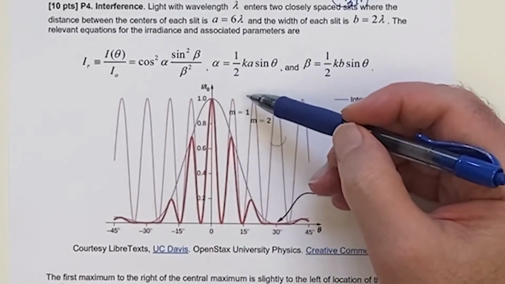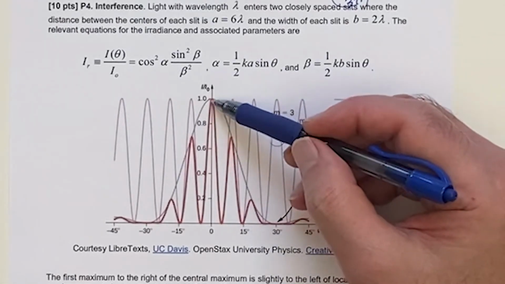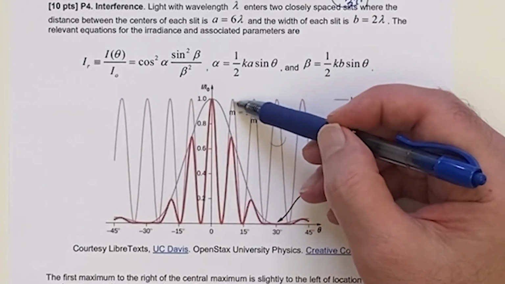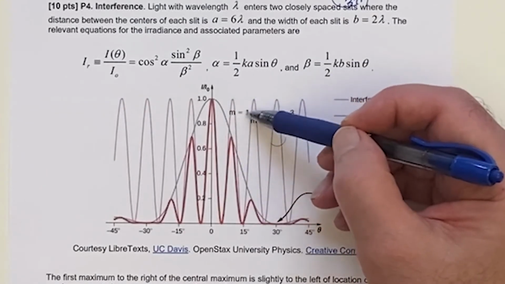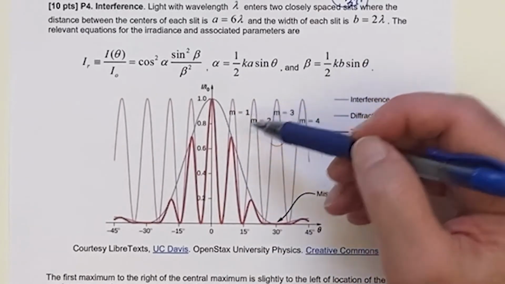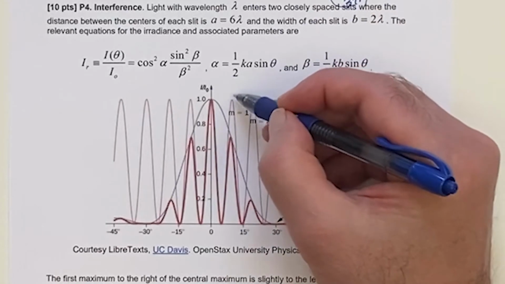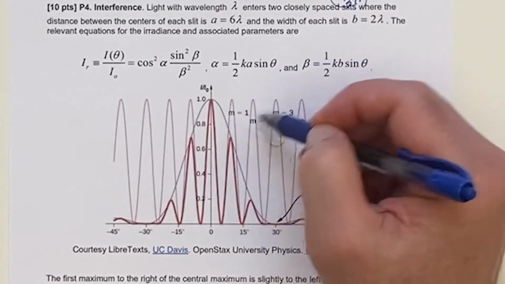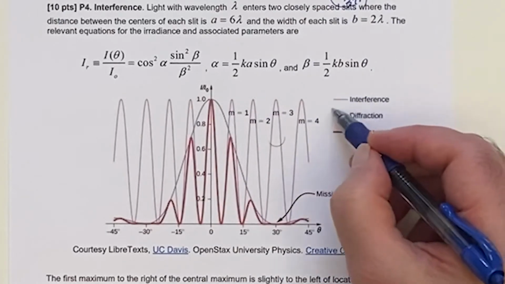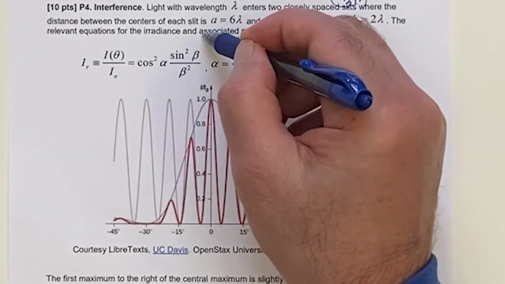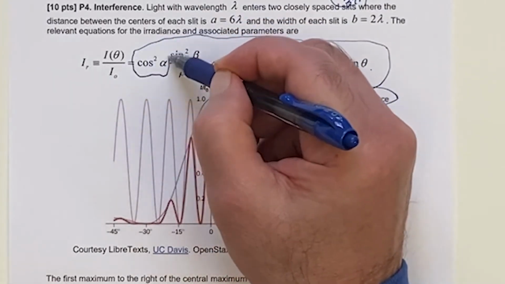The first maximum to the right of the central maximum is this one here, and it's slightly to the left of this one here, the m equal 1 case. It says to neglect that slight difference. Well, if I neglect that slight difference, I know that this light pink one back here is my interference. So if I go to the interference, that's going to be this part.